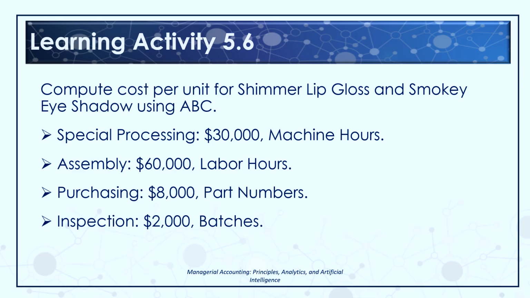Your job is to compute cost per unit for shimmer lip gloss and smoky eyeshadow using activity-based pools. This will require computing the ABC overhead rate for each pool and then applying overhead based on product usage. Pause here and work through the activity. Once you've finished, check your answers with the solution provided in the back of Chapter 5.